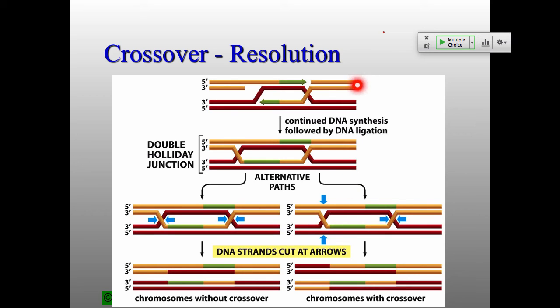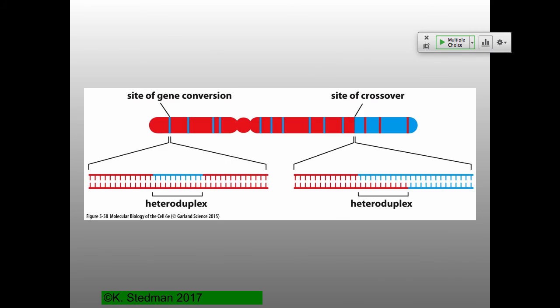And if you're thinking about this from the sister chromatid point of view, what that means is, in some cases, these are not going to be identical sequences to each other. So you have one strand that has one nucleotide on it, the other strand that actually has a different nucleotide in that position. And so that's what leads to gene conversion.